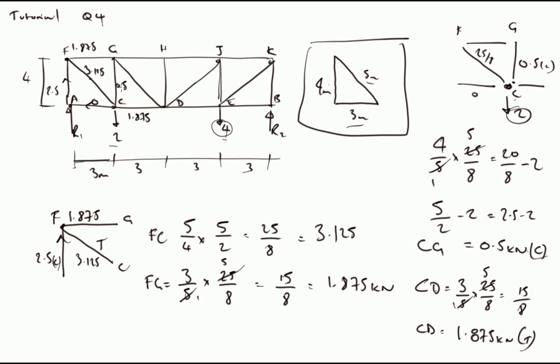Okay, so I'm slowly working my way through each node and getting the loads by resolving horizontally and vertically at each node to give me these forces, and I'm relying on these ratios of these members as being 4 in the vertical, 3 horizontal, and then 5 along the diagonal. Okay, I'll continue to work my way through those, and we'll work out the loads in the remaining members in the next video.